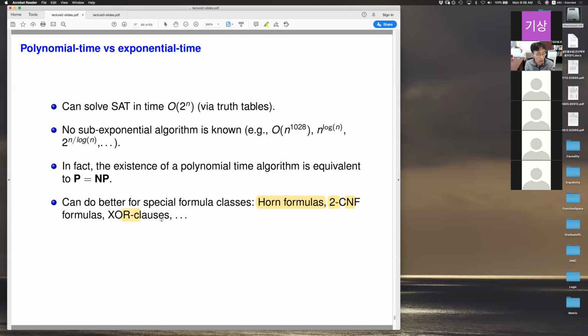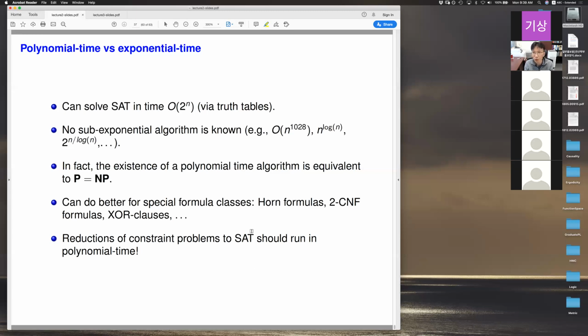We're going to study these algorithms later. The last comment is that when we encode some problem into SAT, the encoding itself shouldn't take exponential time, because then the initial encoding will take just too much time.